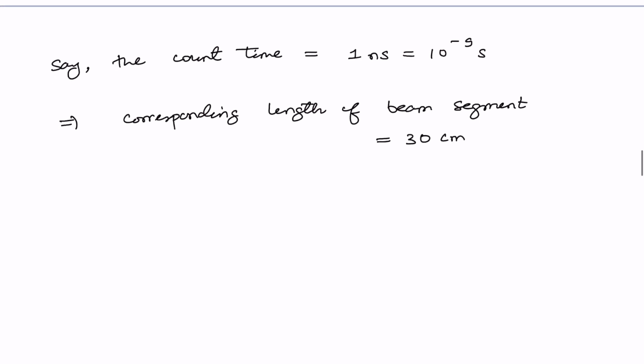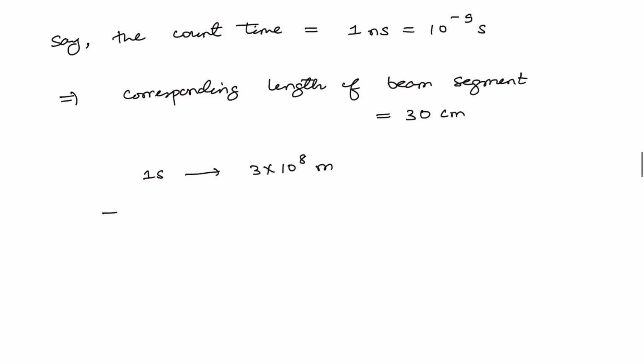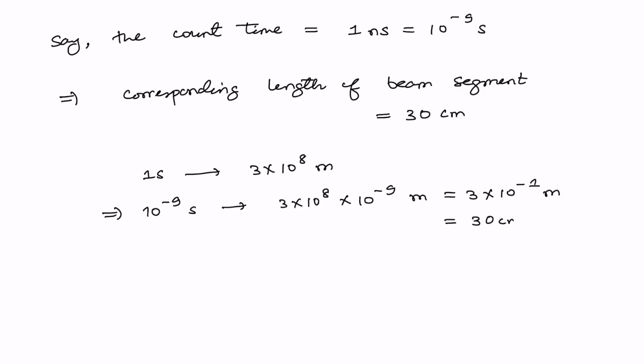Let me explain. You see that 1 second corresponds to a length of 3 × 10^8 meter. So 10^-9 second is going to correspond to 3 × 10^8 × 10^-9 meter, which is equal to 3 × 10^-1 meter, and which is 30 centimeter. So I hope you get the idea.